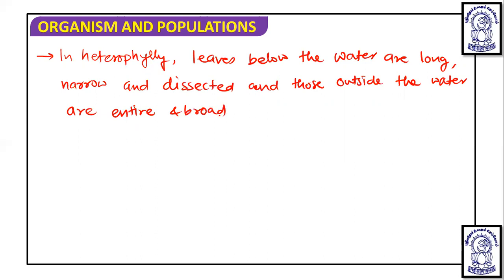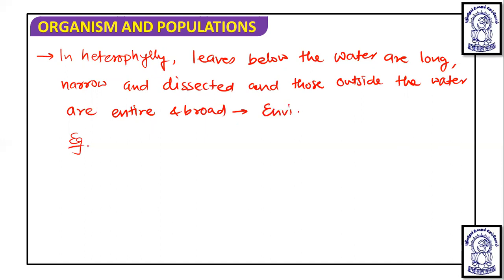So those leaves which are within the water are dissected, narrow, and long, while those which are outside the water are broad and entire. Such heterophylly is known as environmental heterophylly.